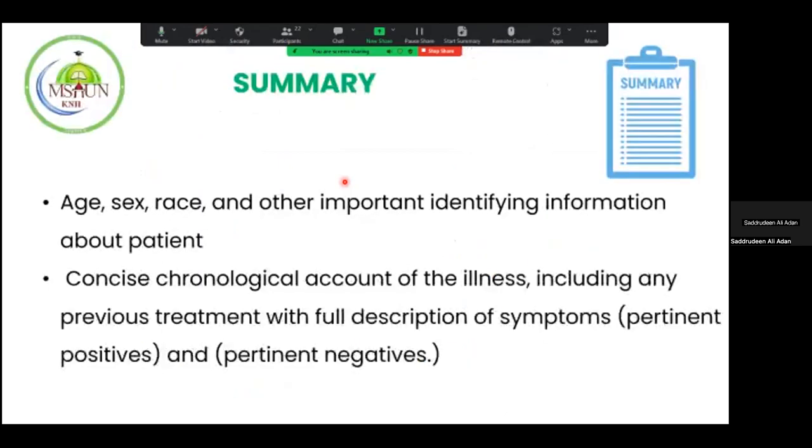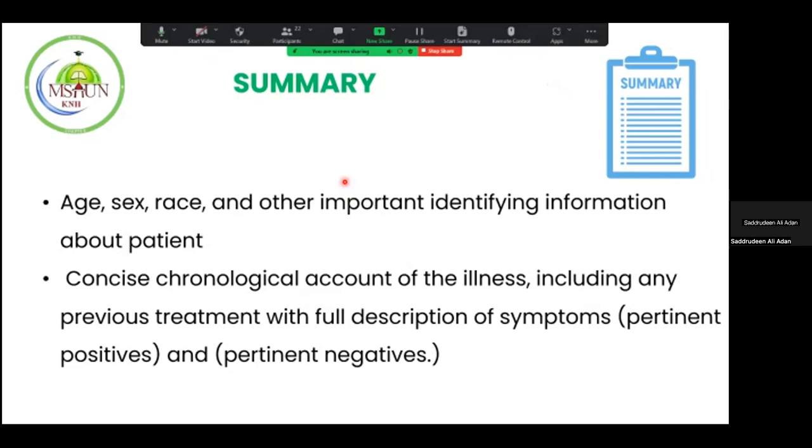Then comes the summary. Always note that you'll talk in your history for such a long time, maybe 10 minutes, but the consultant honestly will not read most of it. So it's good to put a very good summary, and your summary always comes before the general examination.